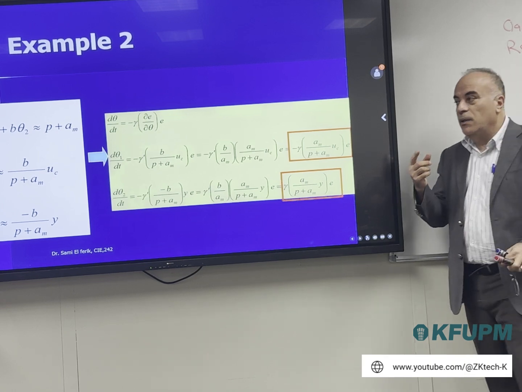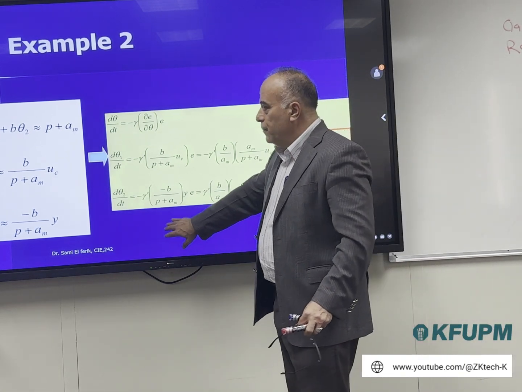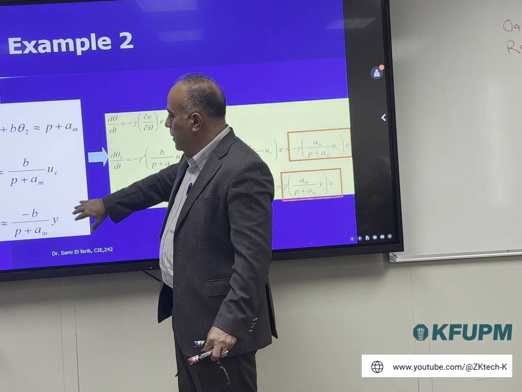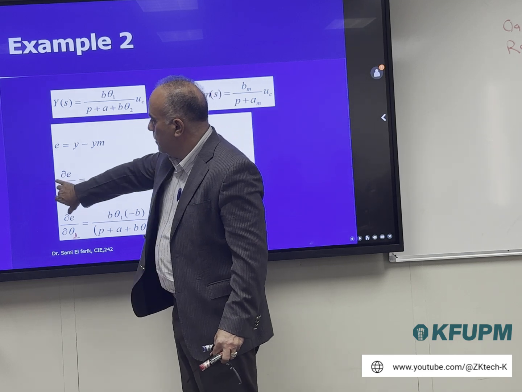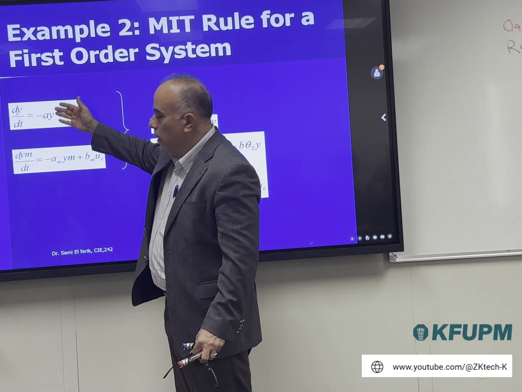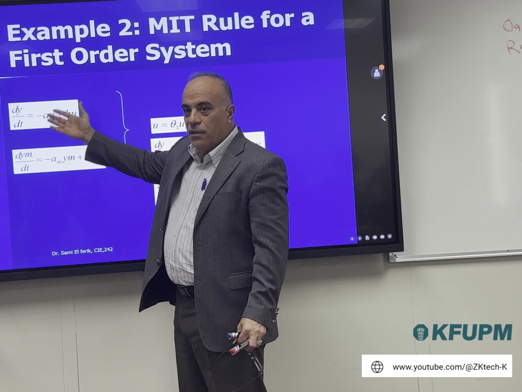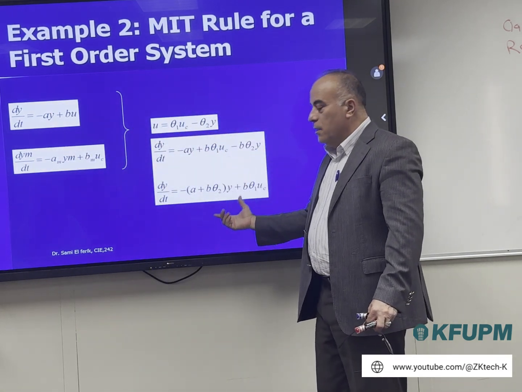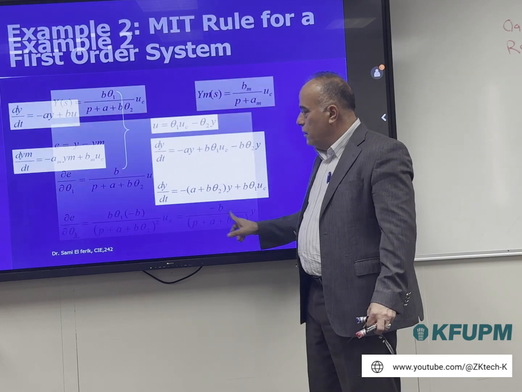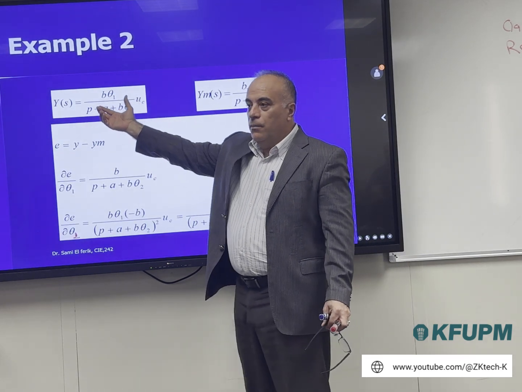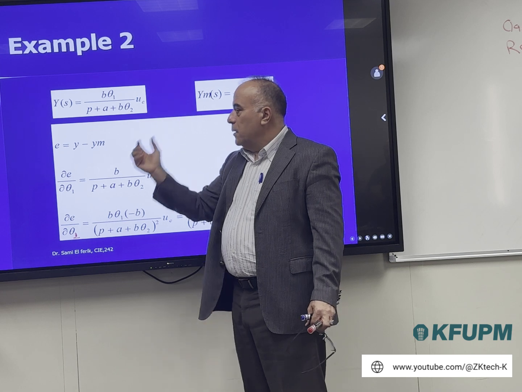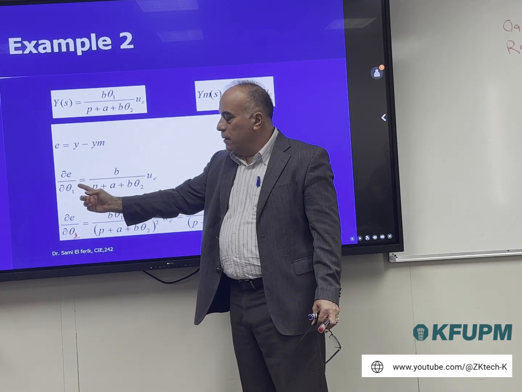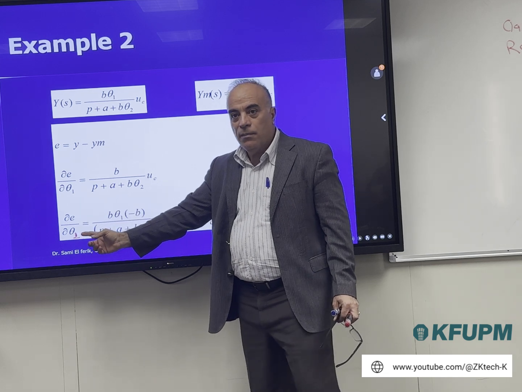So if I would like to summarize, what will it be? First of all, we start with our system, whatever the system is. It could be differential equations. If it's a differential equation, I need to assume the structure of the model, compute the system in closed loop, convert the system back to input-output, define the error value, and then look at the derivative of the error with respect to the parameters.